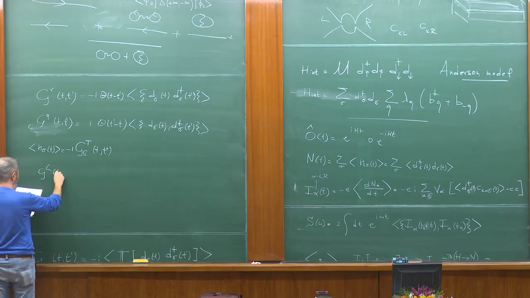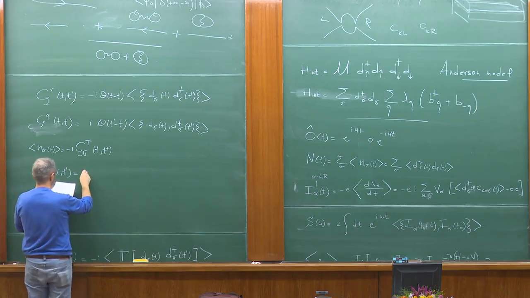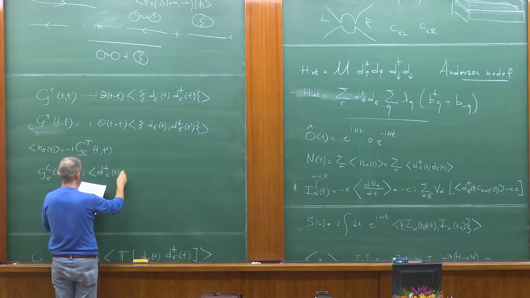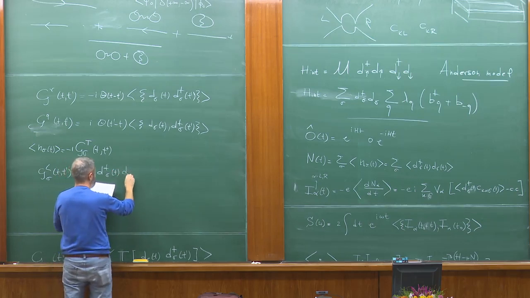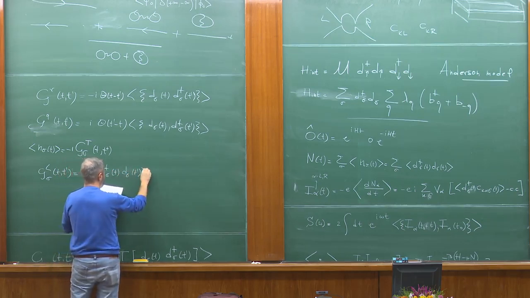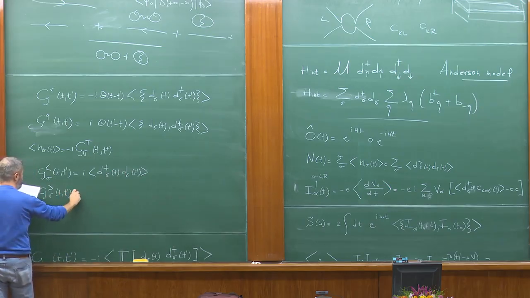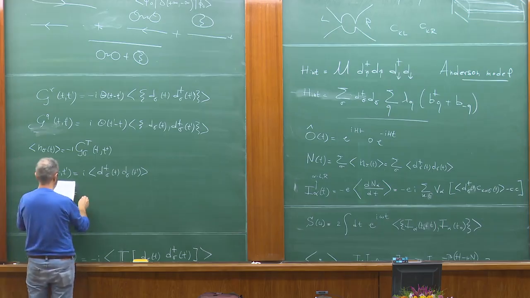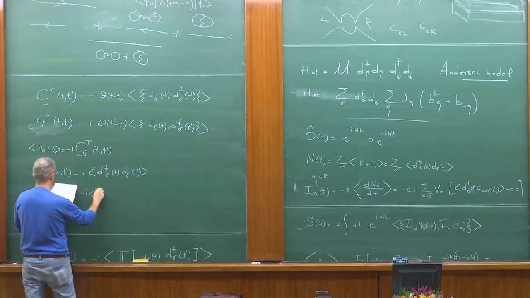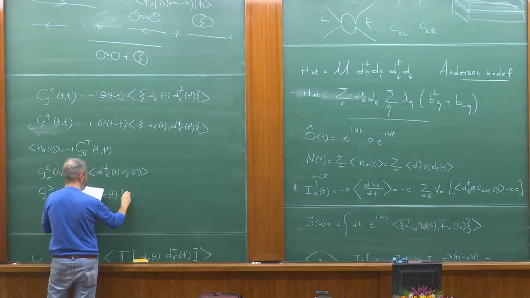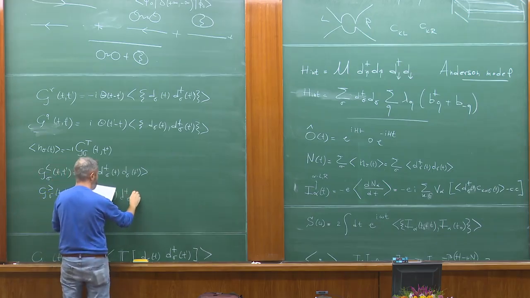One of them is called the lesser Green function, which is i times d dagger sigma t, d sigma t prime, and the other one is the greater Green function, which is minus i d sigma t d dagger sigma t prime.